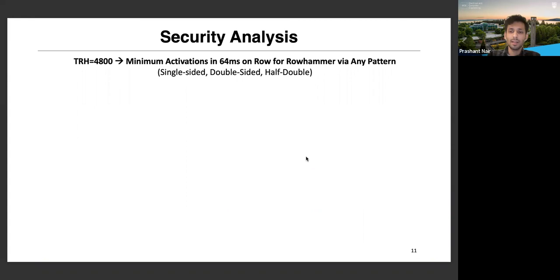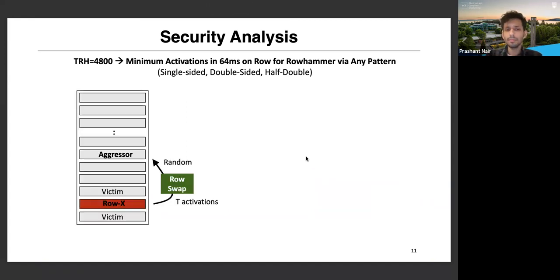So we present a security analysis here. And we consider single-sided, double-sided, and half-double attacks. Let's say that you have a row X, swapped with an aggressor, with the row X being chosen randomly.